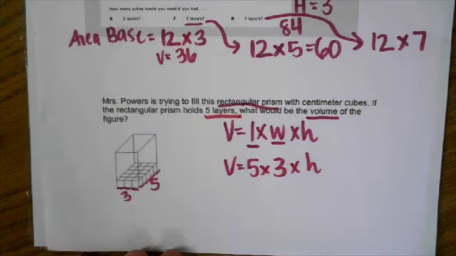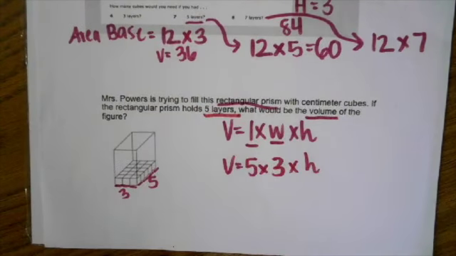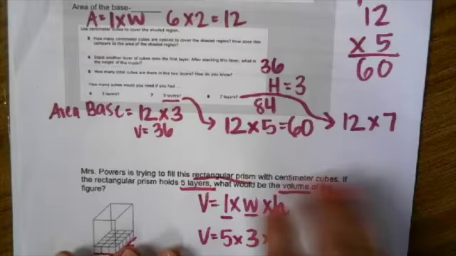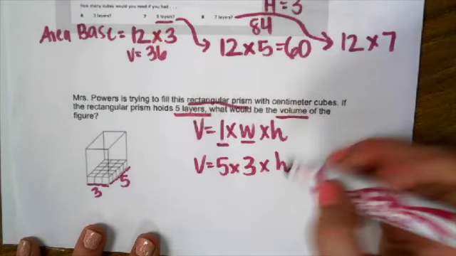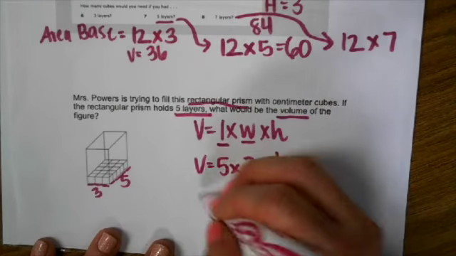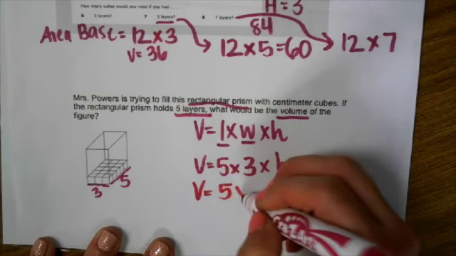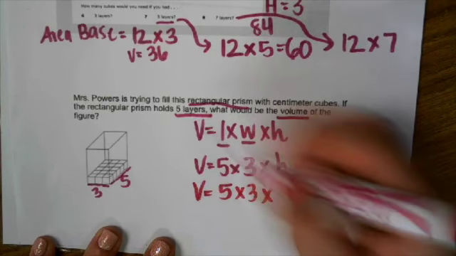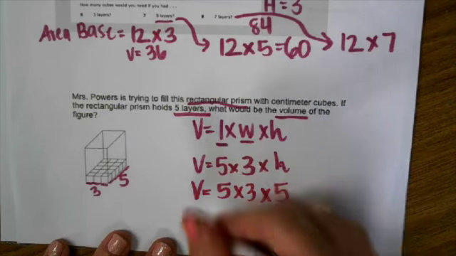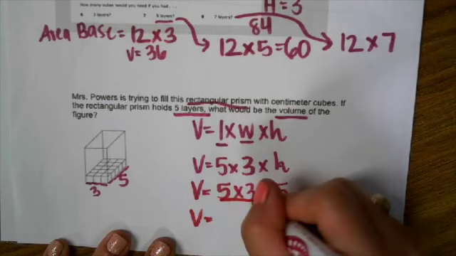Well, I know here it says if the rectangular prism holds 5 layers, what would be the volume? So I know from back up here, our layers represented how high it was. So layers are going to take place for the H. So V equals 5 times 3 times 5 layers.